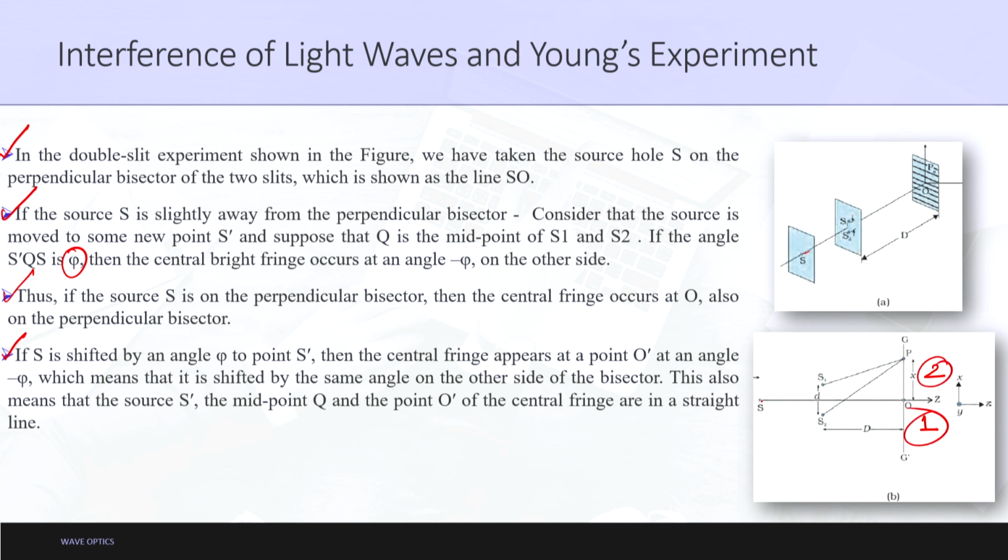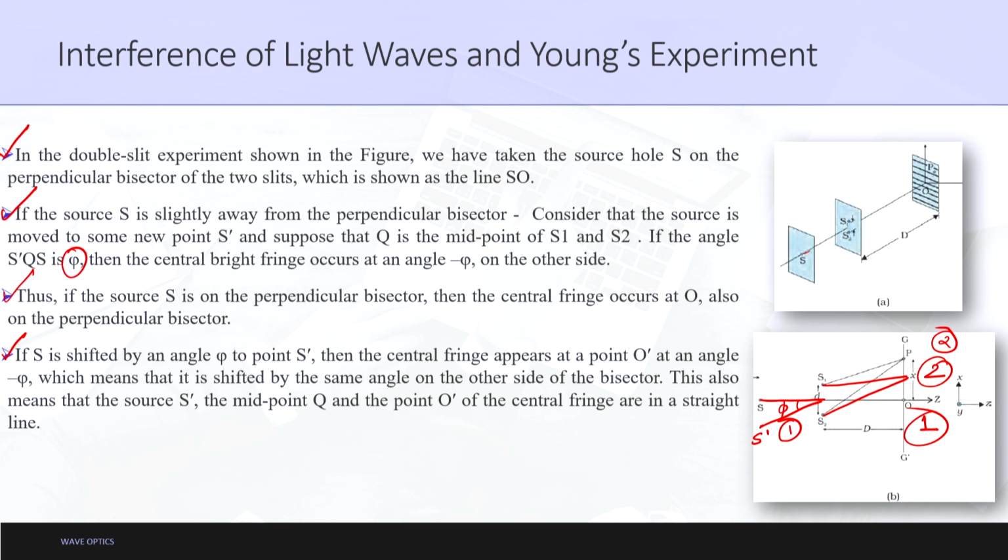If this is S dash, this is that point Q we have been talking about, and this is that angle phi, then the fringes are formed on the other side. This is the concluding point here.